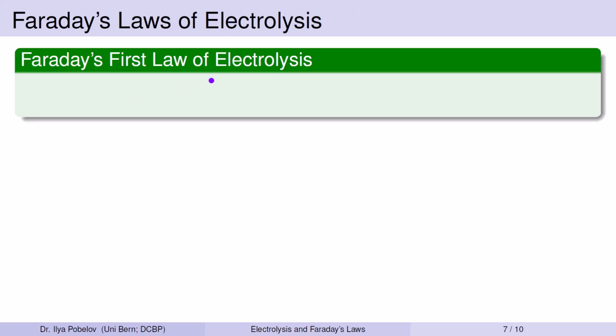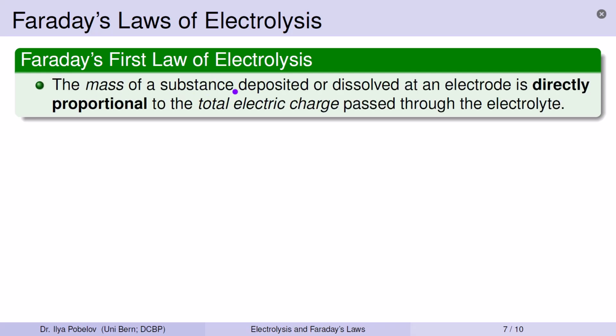Faraday's first law of electrolysis states that the mass of a substance deposited or dissolved at an electrode is directly proportional to the total electric charge passed through the electrolyte.